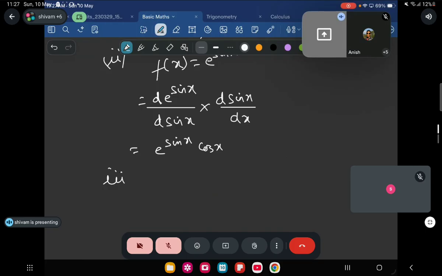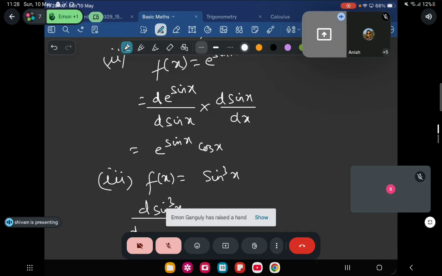This one you people identify. Sin x whole cube, or sin cube x. Raise your hand. With respect to what should we differentiate first? Yes, Shandev. No, what do we need to differentiate it with first? So x cube. Right, because... oh wait, no, it will not be x cube.